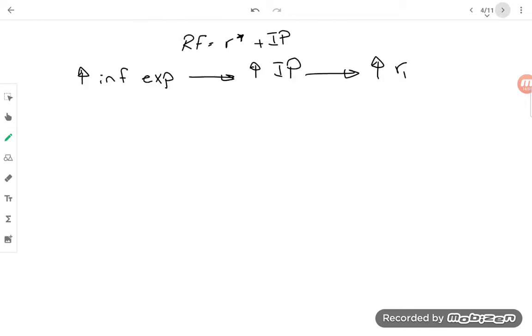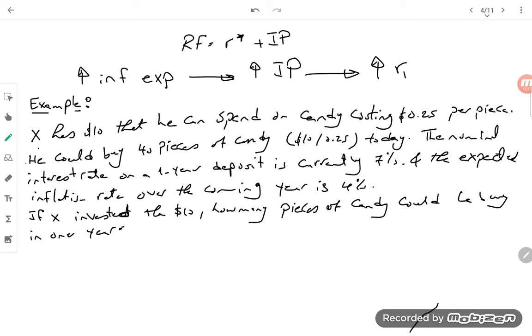Let's take an example. X has $10 that he can spend on candy costing $0.25 per piece.